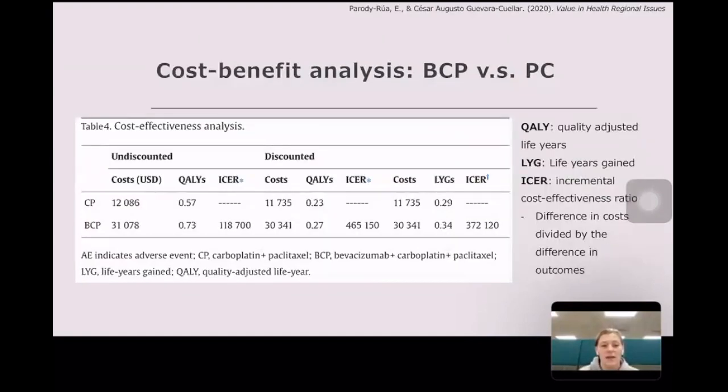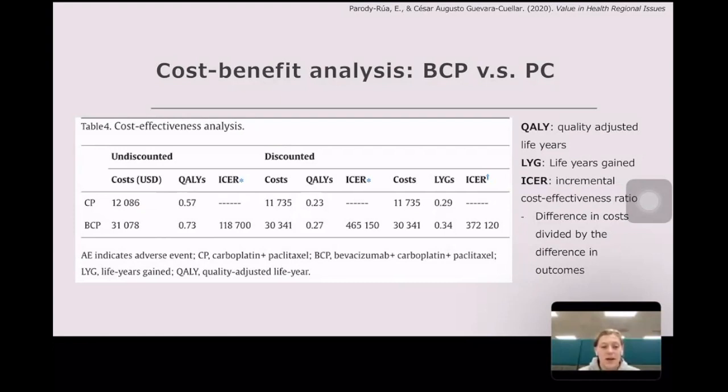Finally, looking at the cost-benefit analysis, the price for treatment with just carboplatin and paclitaxel, labeled as CP, is less than half the cost of treatment when you include Avastin, also known as bevacizumab, denoted by BCP. If we consider the life years gained and quality adjusted life years, the inclusion of Avastin supposes an increase of 0.04 life years gained and 0.05 quality adjusted life years.